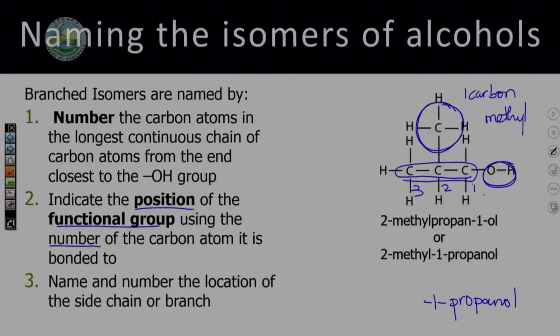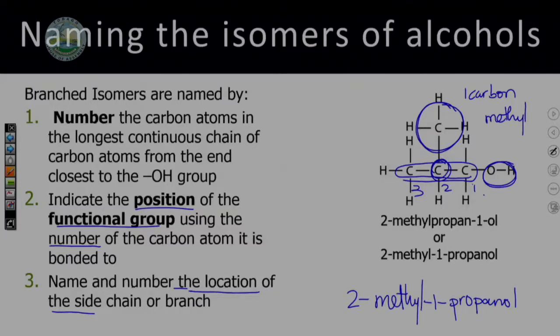So since we have methyl, we now would name and number the location of the side branch. So it is located on the 2nd carbon. Since it's located on the 2nd carbon, we are going to call it 2-methyl.